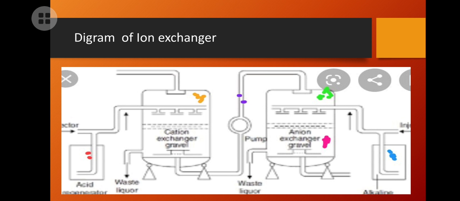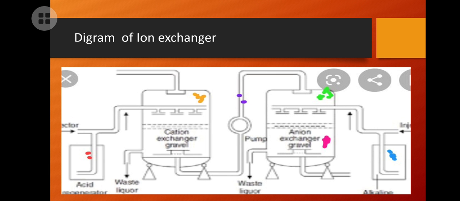Now this H ion, along with the remaining water, passes into the second portion where we have the anionic exchanger. So the anionic exchanger is ROH. Here the solution which contains H ion passes, and of course the negative ions are there.